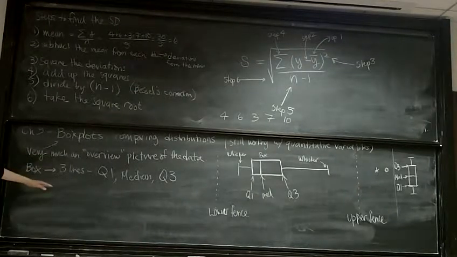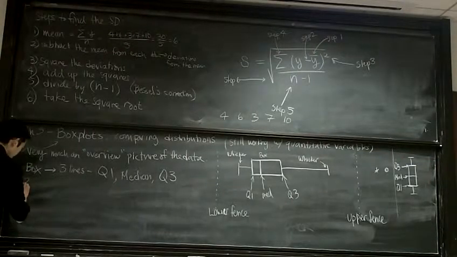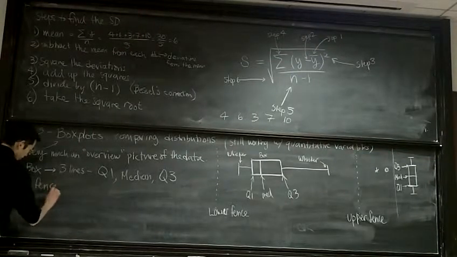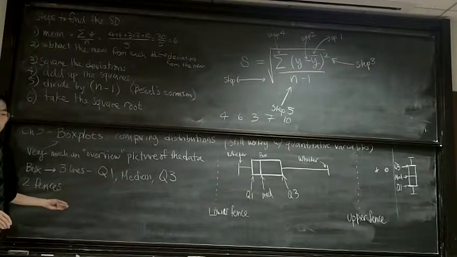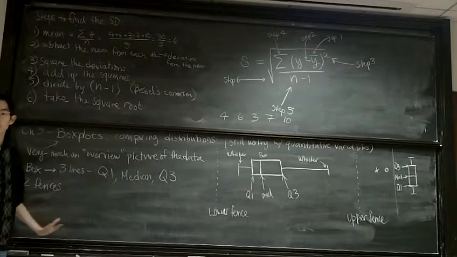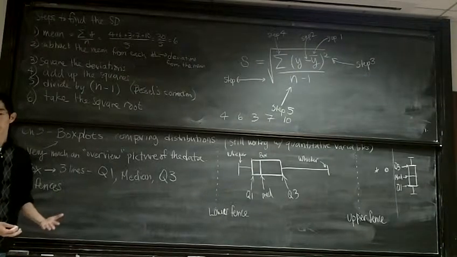So we have three lines defining the box, and then we have two fences. We don't include the fences in the final display, but we have to figure them out in order to draw the final display.